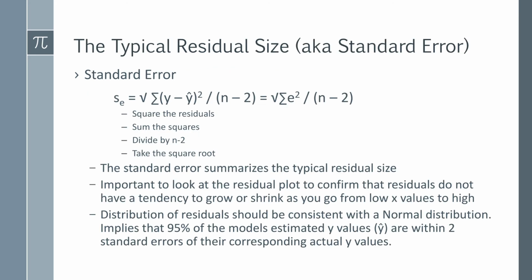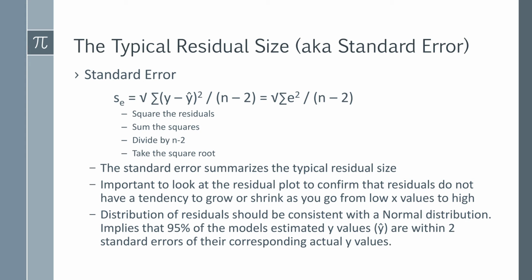Just like we talked about earlier with standardizing the values in our data set, we can also standardize our error values, or residual values. This standard error summarizes the typical residual size. It's important to look at the residual plot to confirm that residuals do not have a tendency to grow or shrink as you go from low x values to high x values.